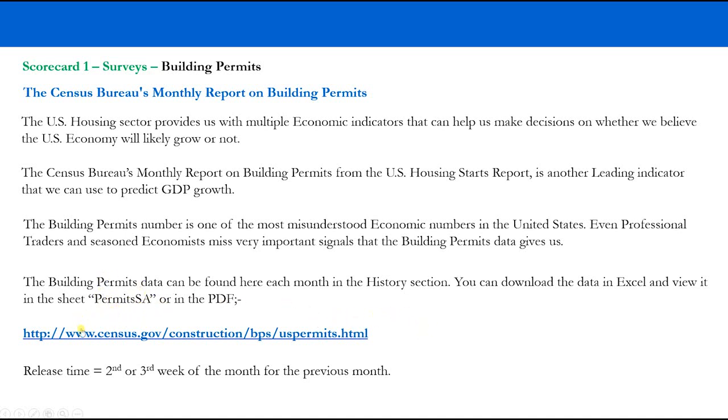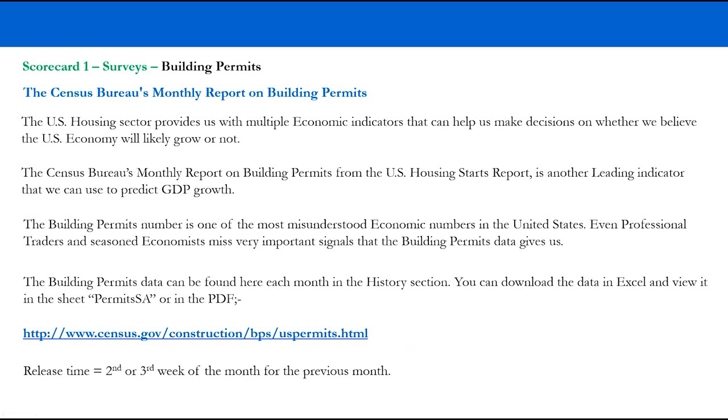And the link, if you follow this, you can get all the historical data from the original source at the Census Bureau. And the housing starts report, the data is released on the second or third week of each month, and the data is for the previous month. So we've got it all available in the downloads, but you can go to the original source and get it from the link and in the sources section as well.